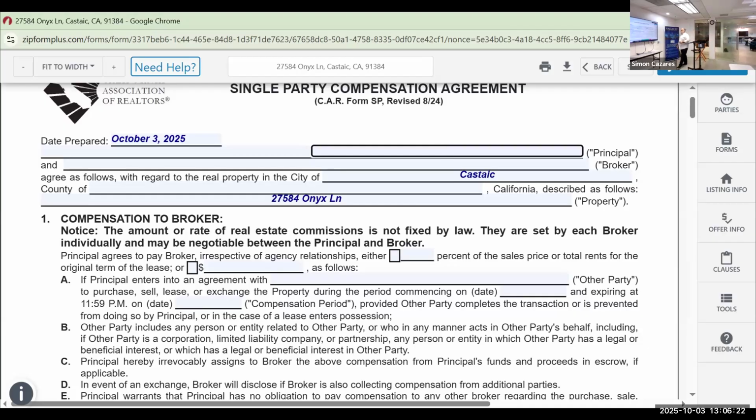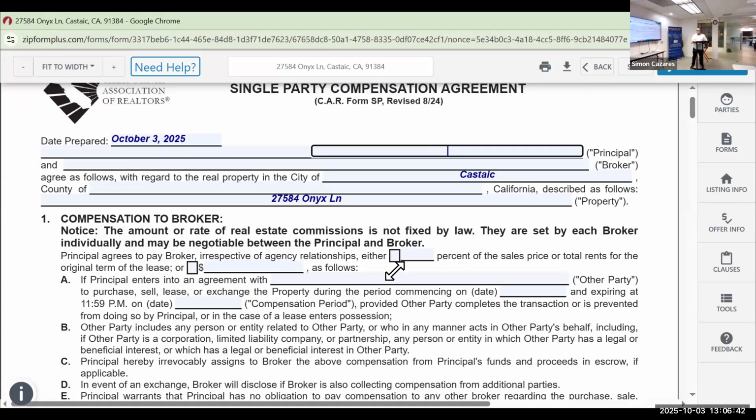Okay. Principal is going to be the seller's information, and the broker is obviously going to be Keller Williams. Agrees with the following real property, right? I just use this as an example, but you're going to put the city, the county, and then the address, right?